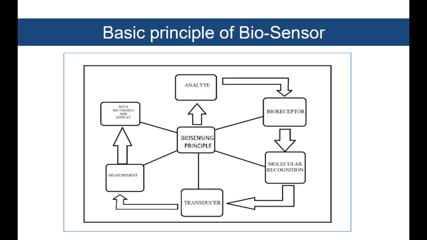This is the basic block diagram of the biosensor. You can clearly see the very first element we have is the analyte. The analyte is added and reacted with the substrate and gives some changes, which are recognized by the bioreceptors and go to molecular recognition.